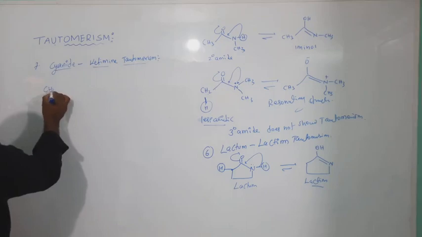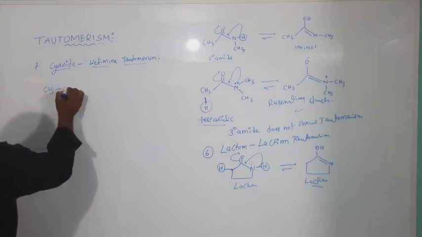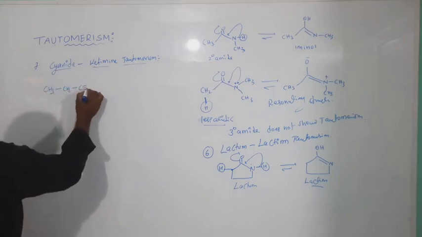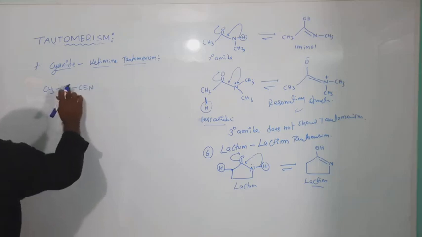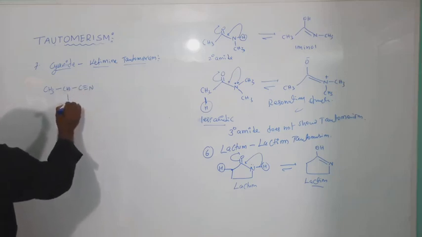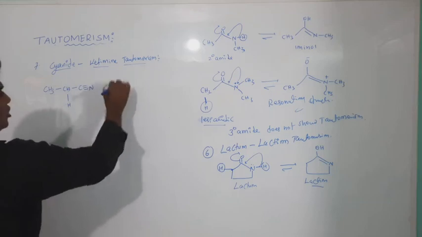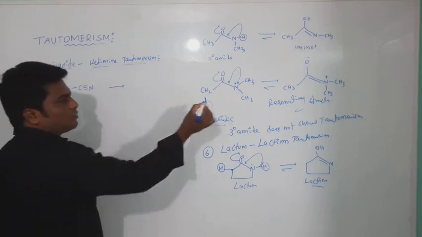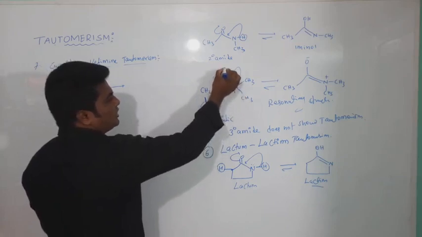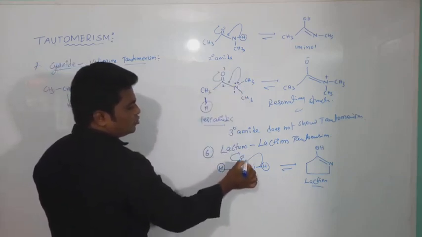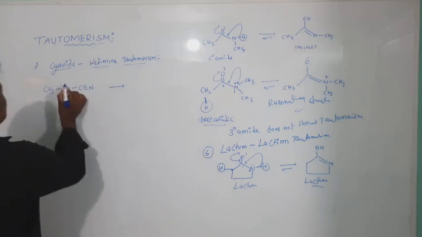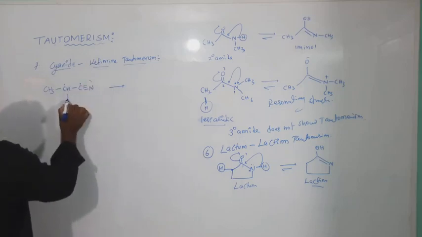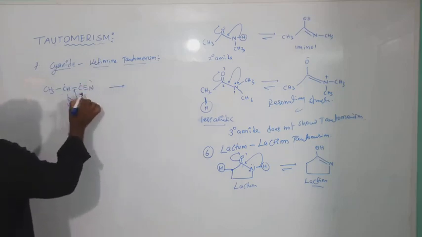For example, see CH3, and here I am taking CH2. This is cyanide. Cyanide is an electron withdrawing group. See, this is the alpha hydrogen atom. Here we have the alpha hydrogen atom. All are which type? This is a 1,3 shift. In all cases the position is 1, 2, 3. Here also see this is 1, 2, 3. See, these electrons are involved in the delocalization.